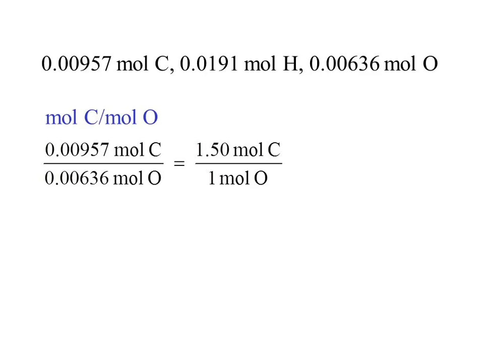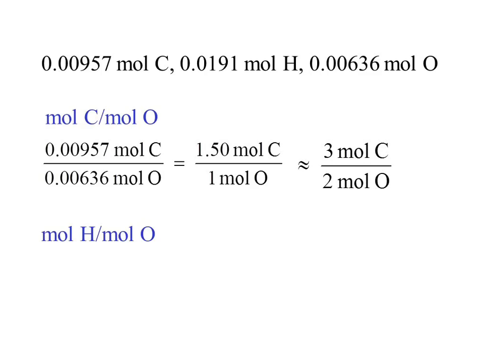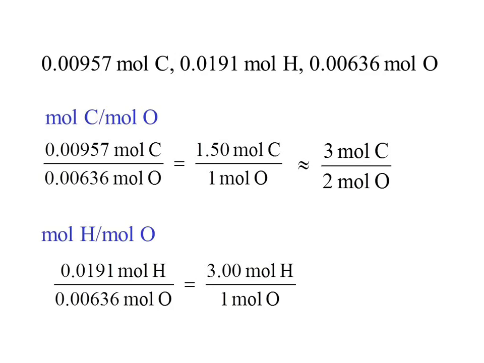We can clean that up: 1.5 to 1 is the same thing as 3 to 2. And then looking at hydrogen and oxygen, we get right away a 3 to 1. This is where, in my own mind, it would get confusing, but we know we have to scale up the oxygen, so we also scale up the hydrogen.